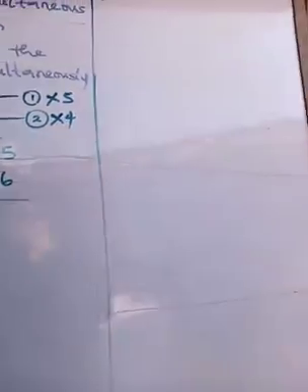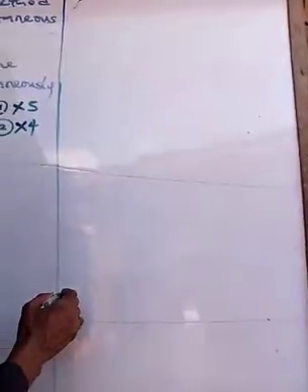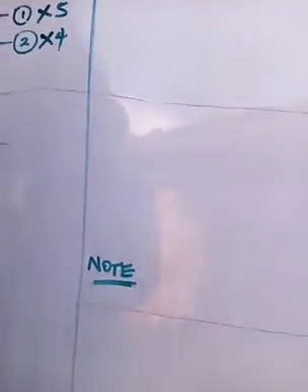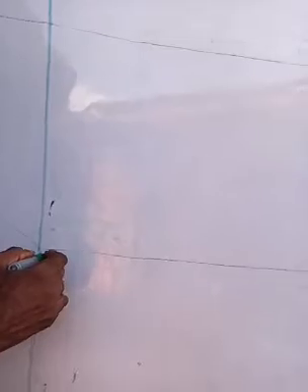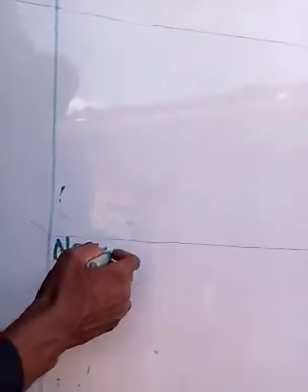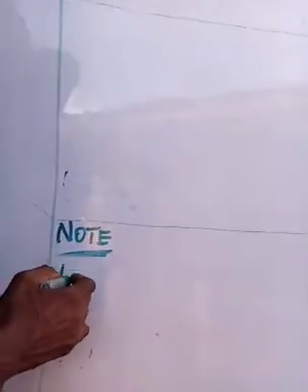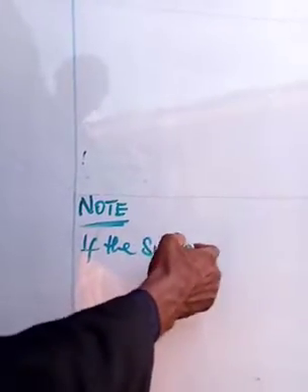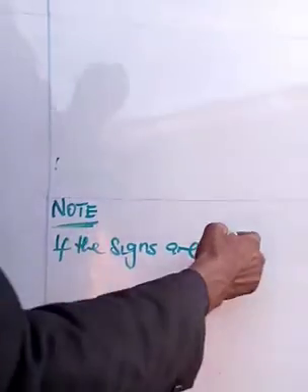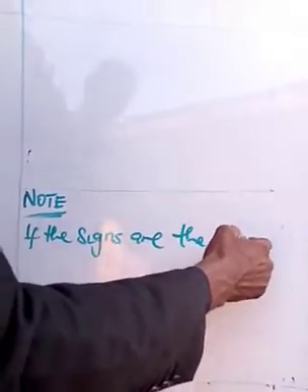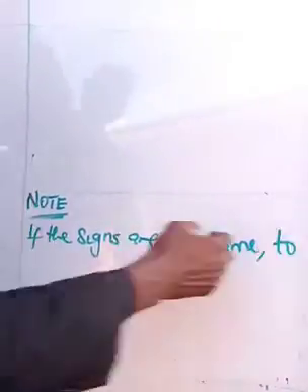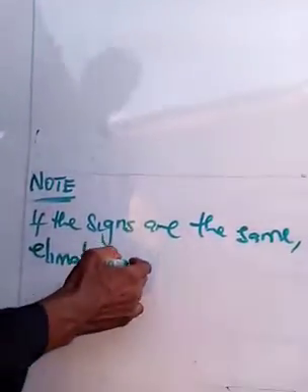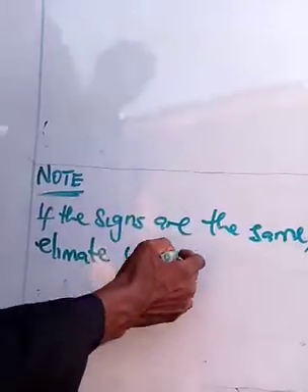If you are eliminating, if the signs are the same, I want you to take note of this, and I'll try as much as possible not to rub this up so that we can always see it. If the signs are the same, to eliminate, we would subtract.